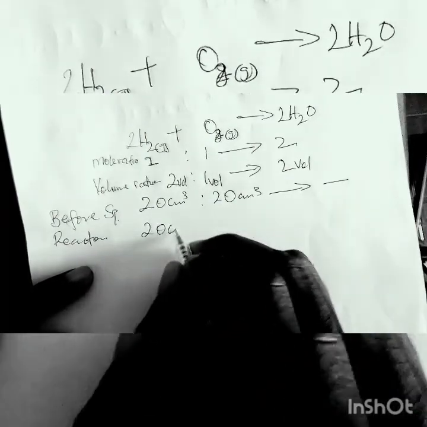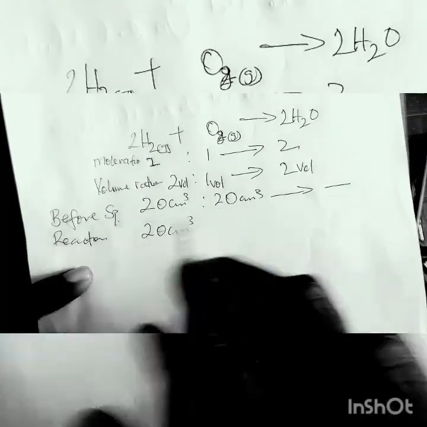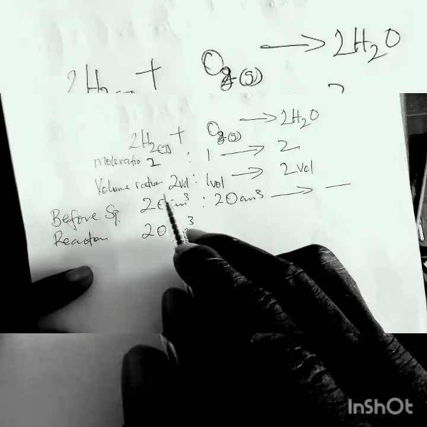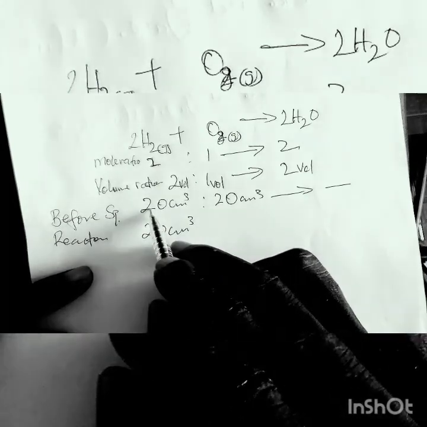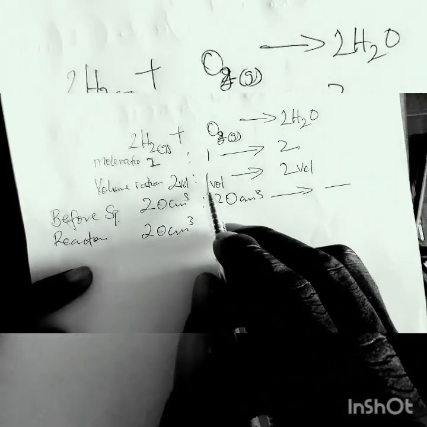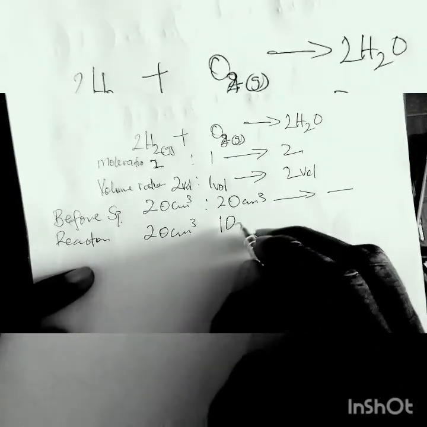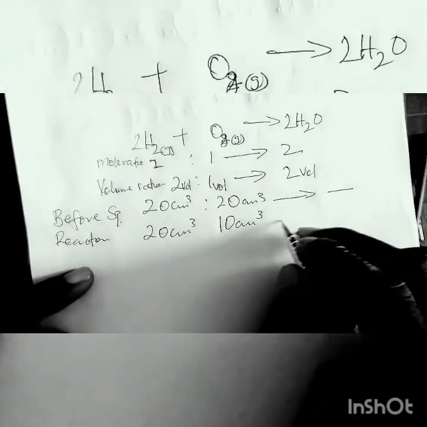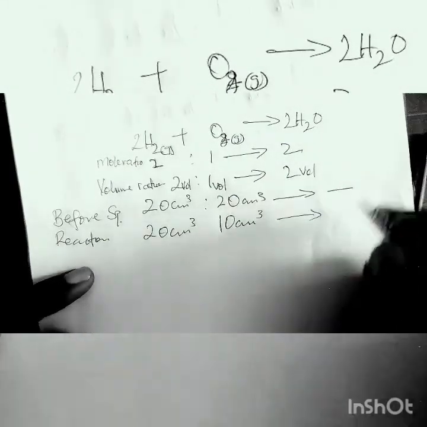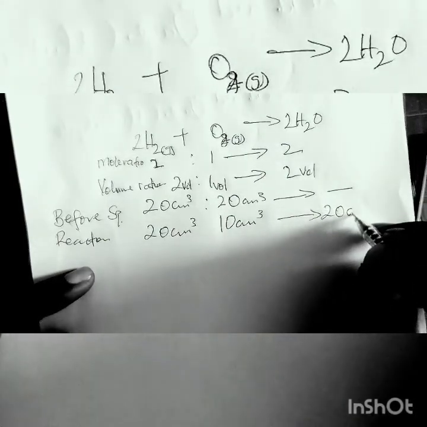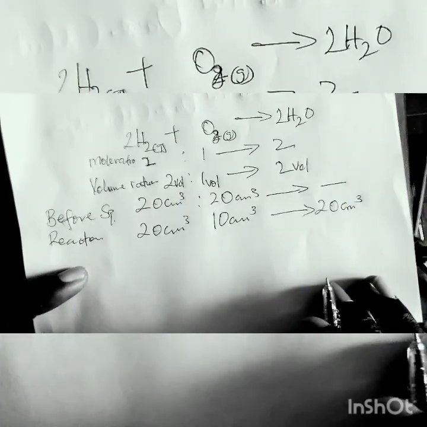This one remains 20 cm cube. Remember, 2 mole or 2 volume will be equivalent to 20 cm cube. So half of this one will be 10 cm cube. Then to give rise to, for the 2 volume, we are going to have 20 cm cube here.